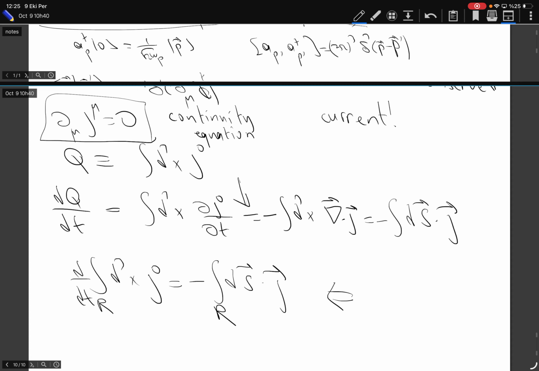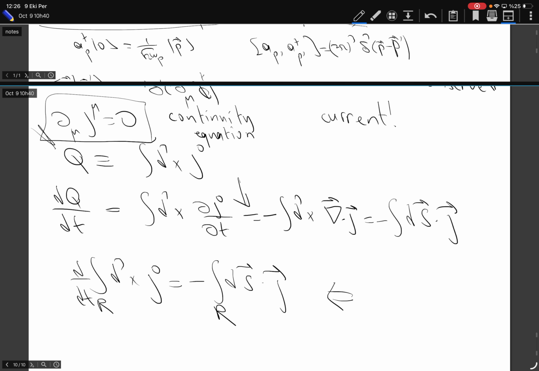You see, the continuity equation is, in a sense, more general than saying that the total charge is conserved in the universe. Because the total charge in the universe would be conserved if, let's say, some charge disappears here and appears at this place. That would still be a conserved charge.